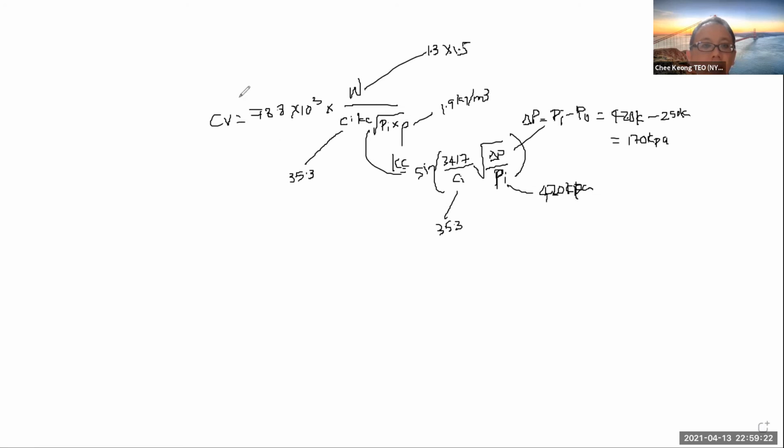So everything is known, so you can just solve with all the parameters. You can solve for CV, and if you punch your calculator correctly, it should be 175.2. Right? So this is part A of question 9. Now how about part B?